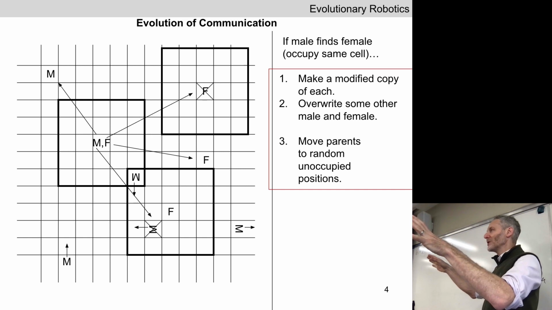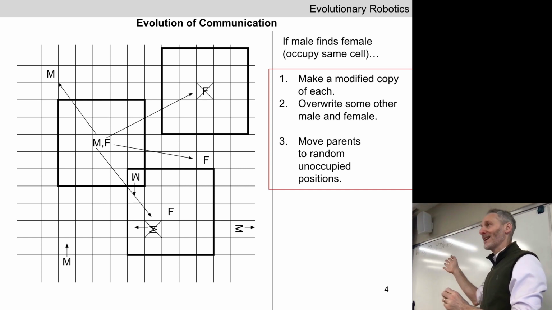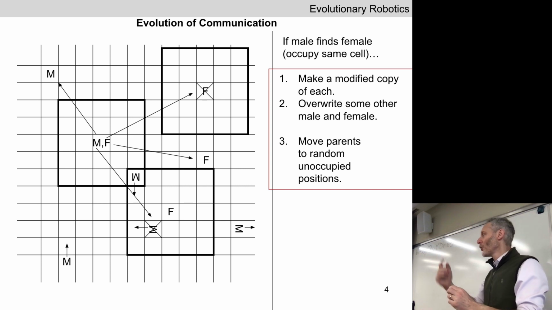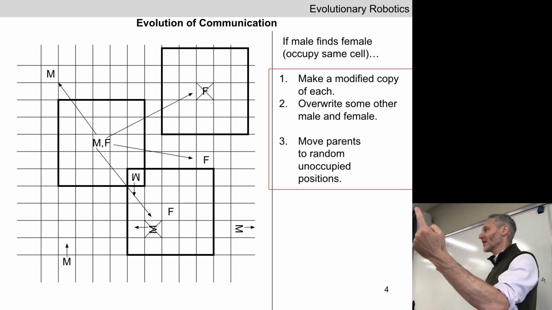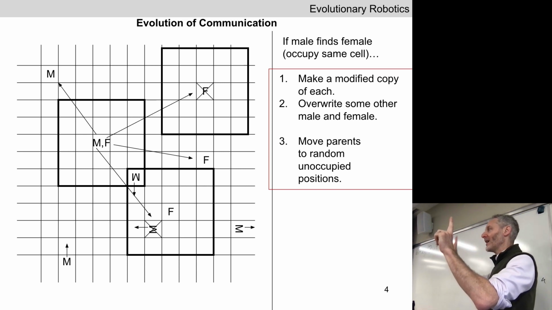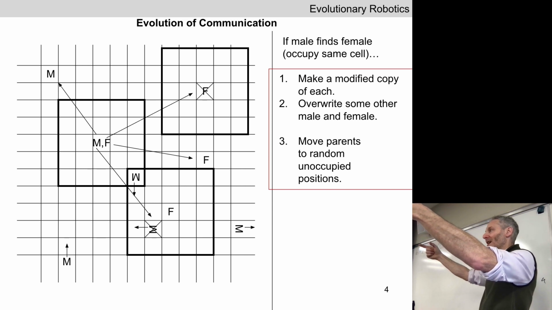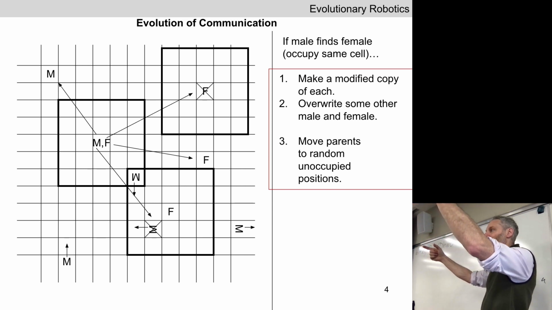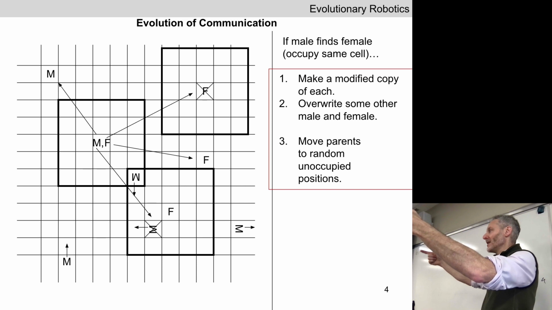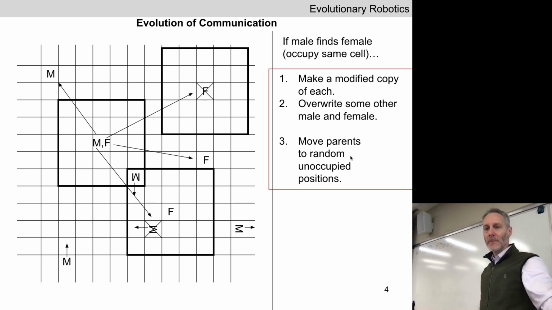There's no sexual recombination here, so this is kind of a strange thing. Lots of biological detail in this study, except kind of the whole point of mating, which is to combine genetic material. In this case, we take the male parent, the female parent, we make randomly modified copies of their controllers. So now we have a male offspring, the son, and we have a female offspring, the daughter.